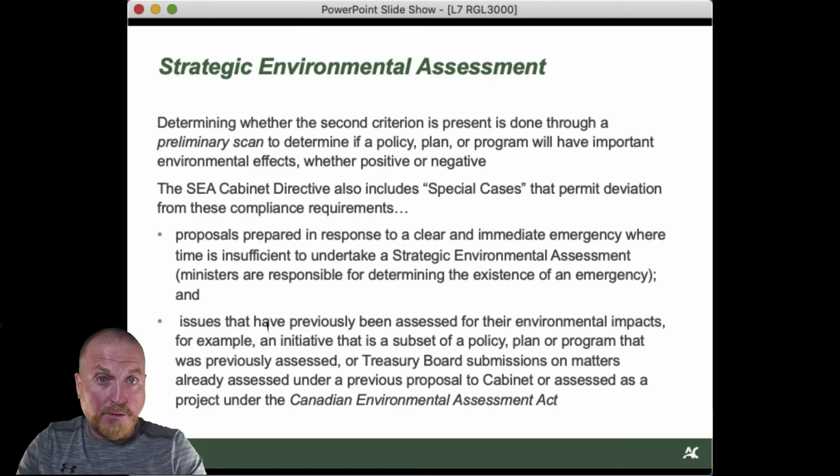In other cases, it was required, from my perspective. So these are the types of things that would typically go in. It's very similar to a RIAS in that perspective, right? You do the triage and determine whether it's medium or higher impact, or you do the SEA preliminary scan, you determine whether the impact is likely to be great or not, and whether a full SEA must be completed.